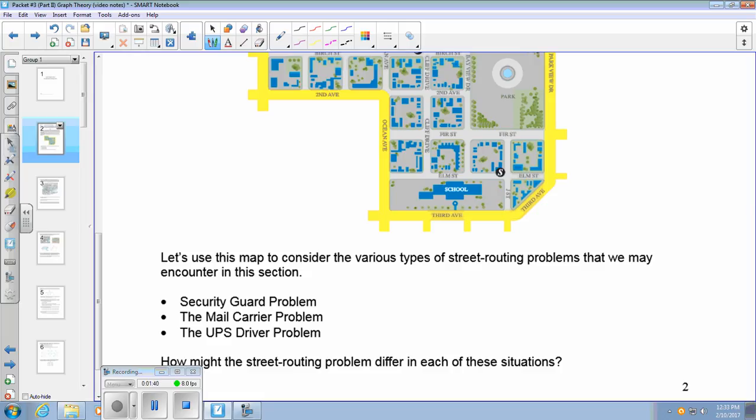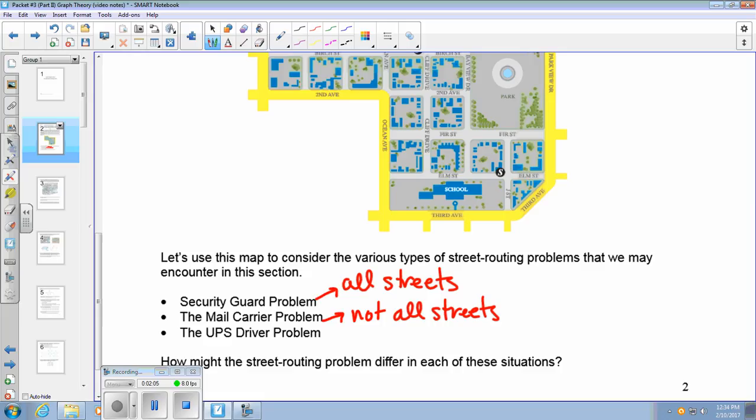All right, so the question is, how might the street routing problem differ in each of these situations? Well, the security guard problem might need to consider walking down all streets, including the ones that go around the park and the school, versus the mail carrier, not all streets. You only need to go down the streets where there are homes or businesses.